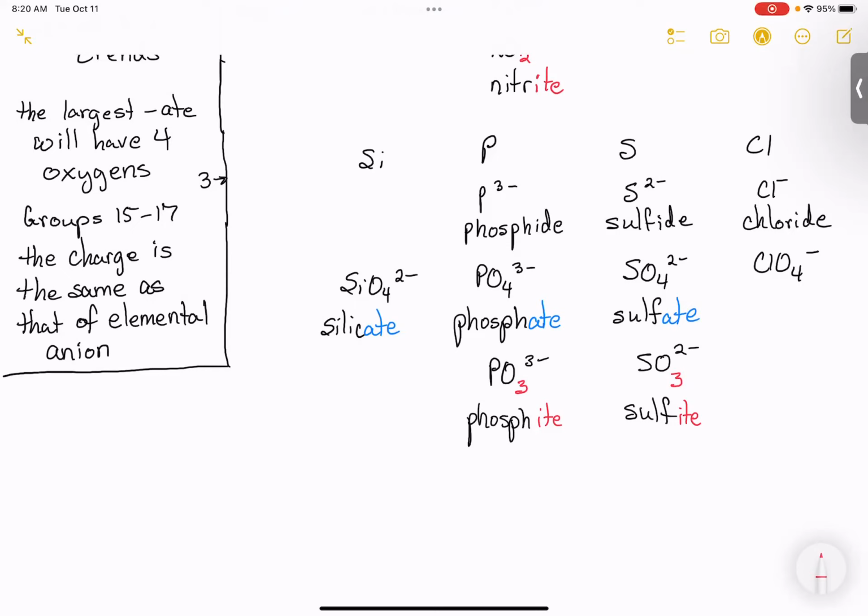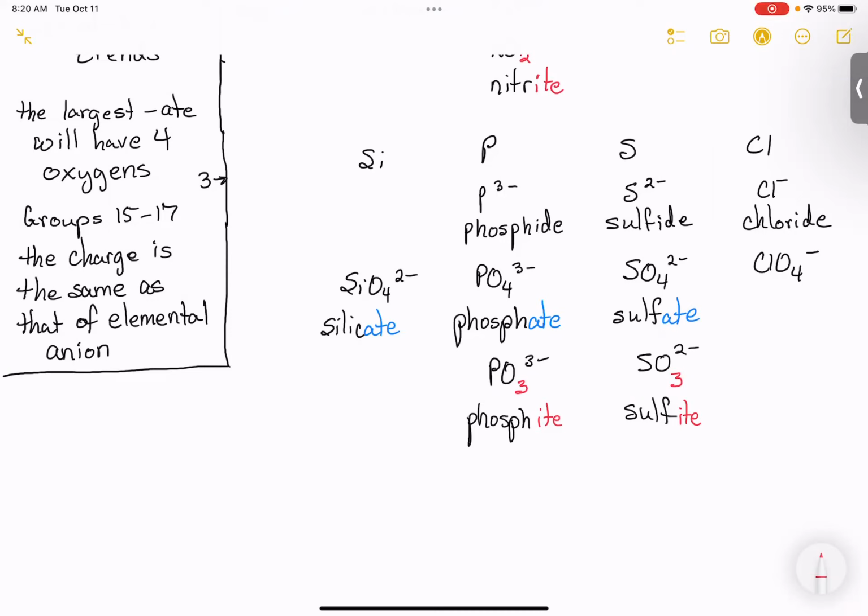Because if you know how phosphorus behaves, you know how arsenic behaves. If you know how sulfur behaves, you know how selenium and tellurium behave. Because their behavior is always the same, because they're in a family of 2 in the same group.